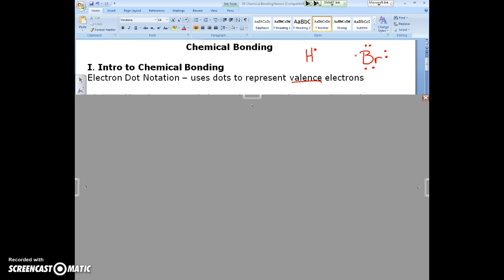So if we look at calcium, just over here, calcium is in group 2, and so it has 2 valence electrons. You can also see that by its electron configuration: 1s2, 2s2, 2p6, 3s2, 3p6, and 4s2.